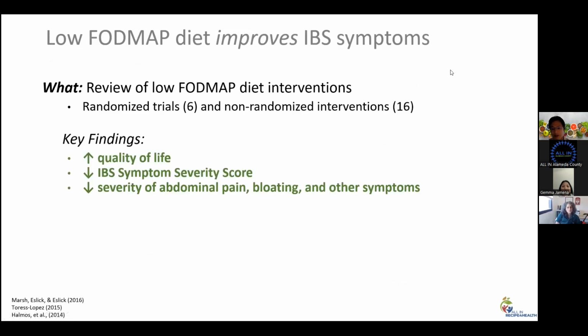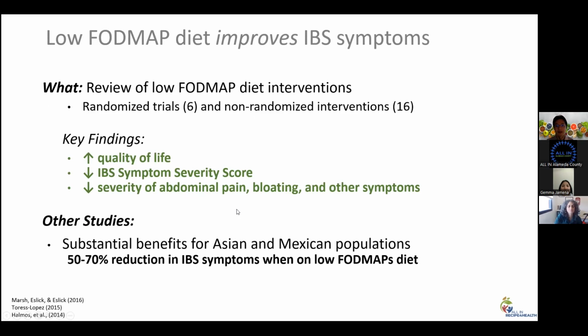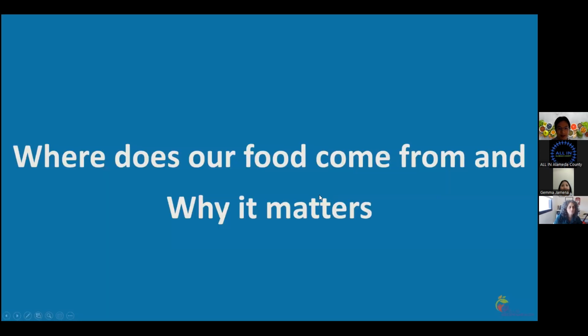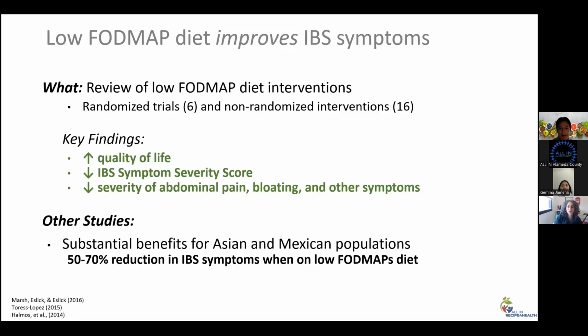In general, people who go off of this precision increase quality of life, decrease IBS symptom scores, and there are potentially substantial benefits for Asian and Mexican populations when you break it out in subgroups. So again, the point here is that there's more than just the eating patterns, and it's really about customization.